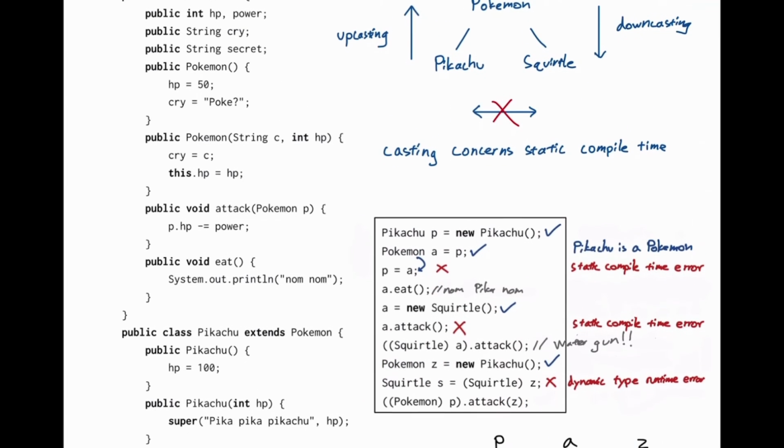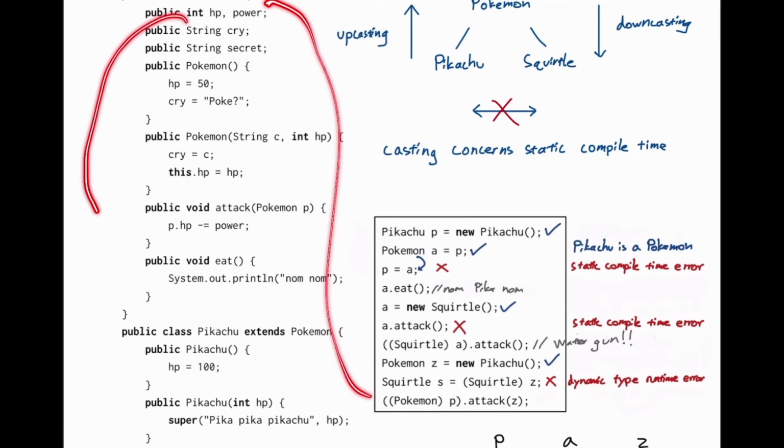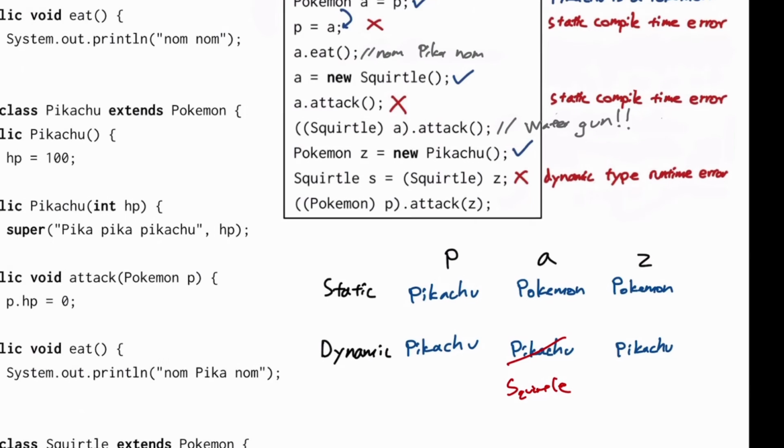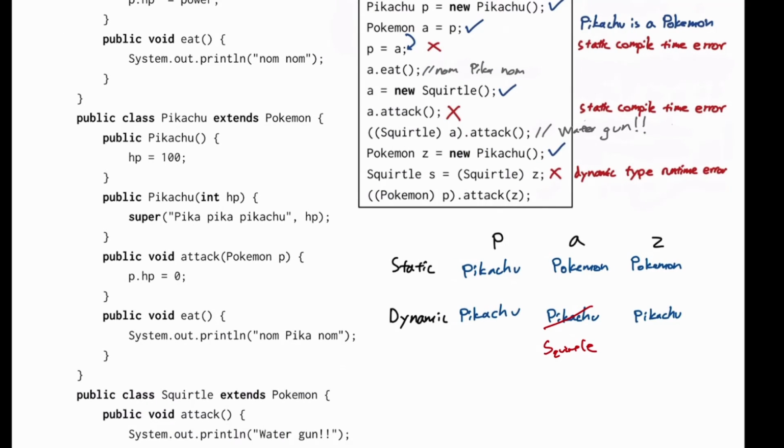It will look in the Pokemon class, and it will find attack right here, and it has the right signature. So the compiler will give this line the OK, and this also runs with no issue. Once we actually run this code, it'll also lead to no issues because the types all match up. Since p under the hood is dynamic type Pikachu, and z is dynamic type Pikachu as well, they're all Pokemon.